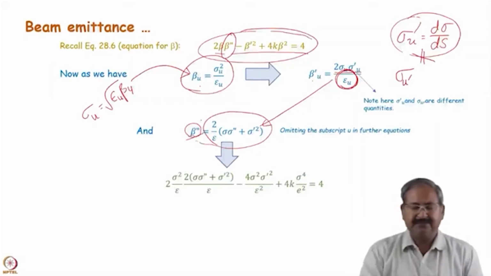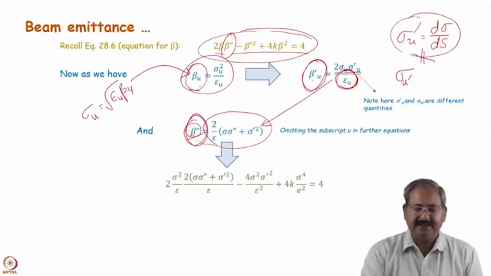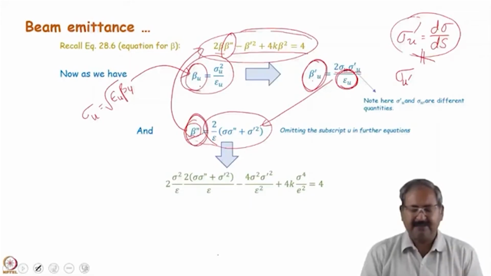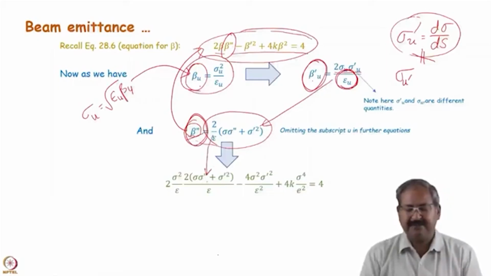So now we put this beta double prime, this beta prime, and this beta in this equation. What we get? 2 sigma square by epsilon or emittance to this, and then beta double prime, this is sigma sigma double prime plus sigma prime square upon emittance minus 4 sigma sigma prime.